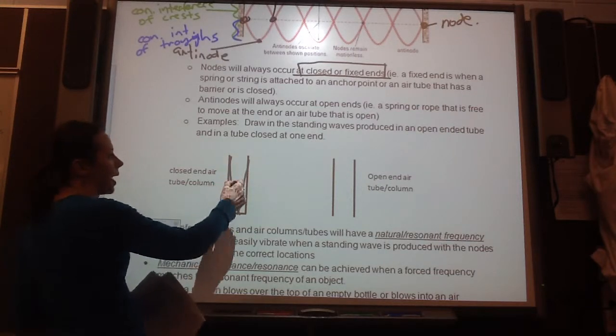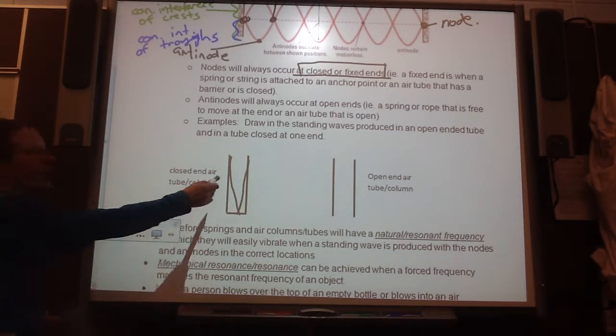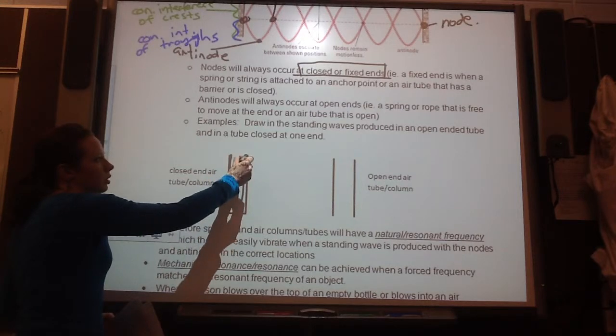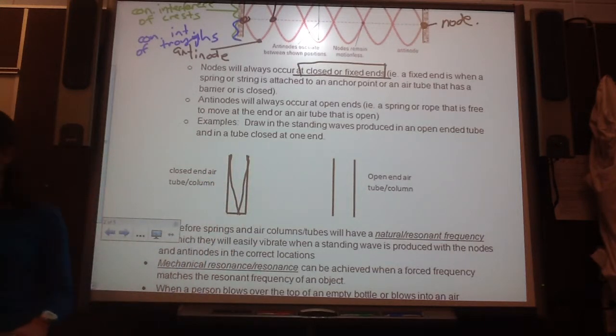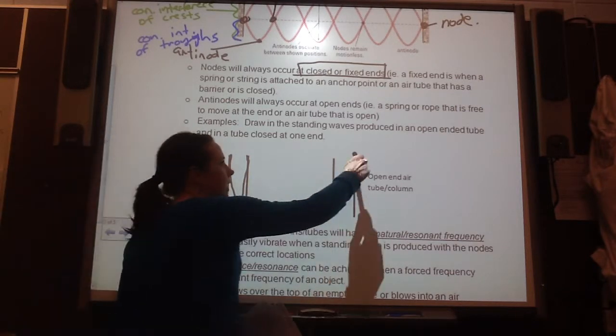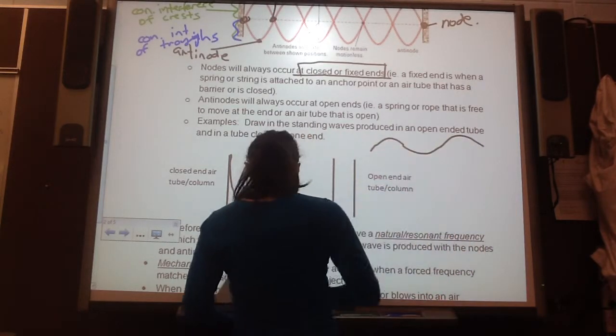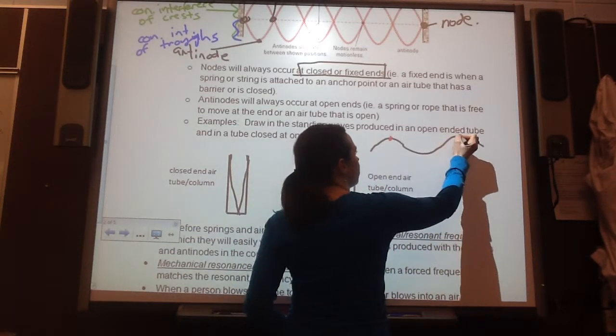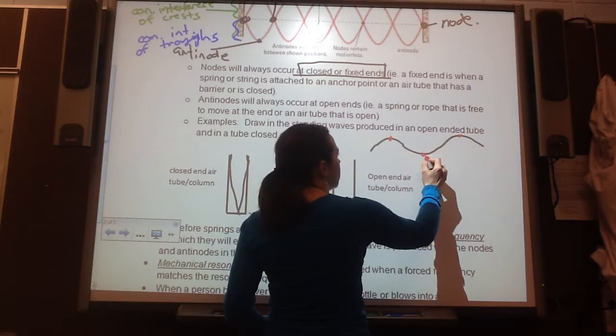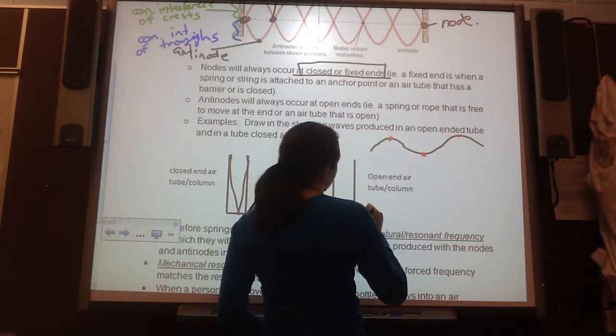So how much of a wavelength is what I just drew here? Is it one wavelength, a half a wavelength, a quarter of a wavelength? Which one? Half? Okay, let's think about our waves. If this to this is a full wavelength, this to this is a half.